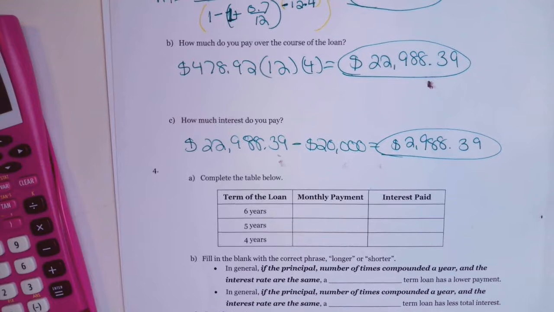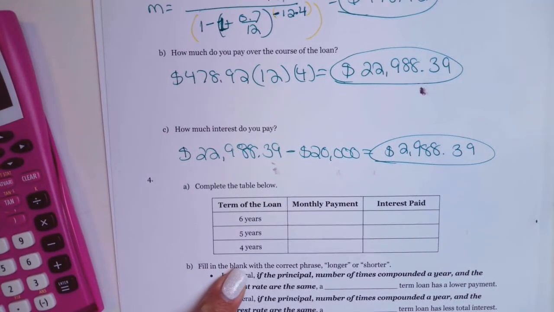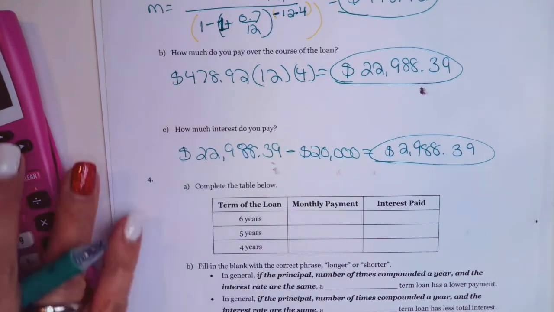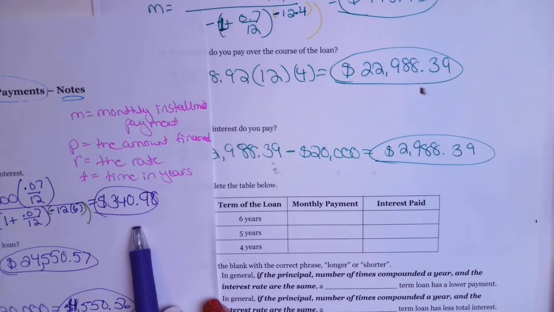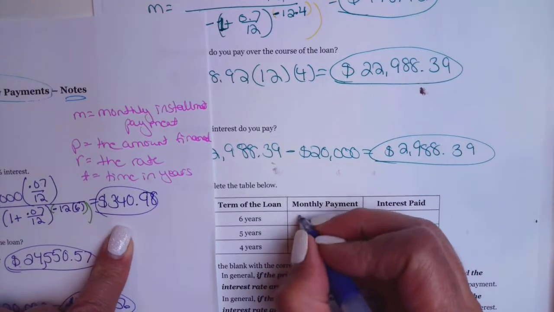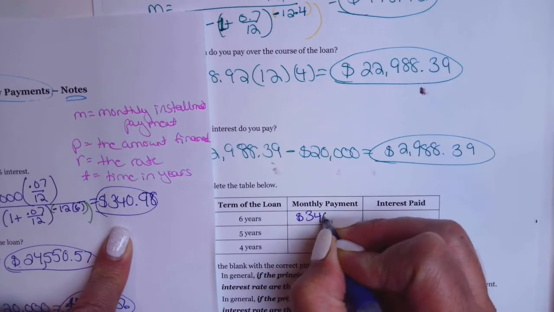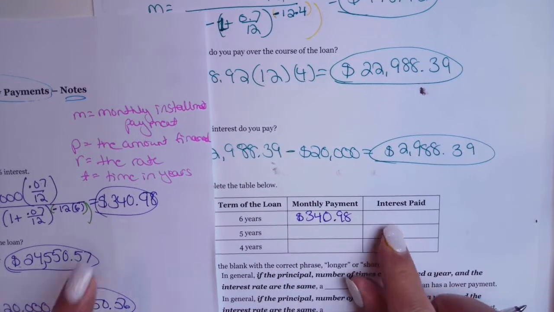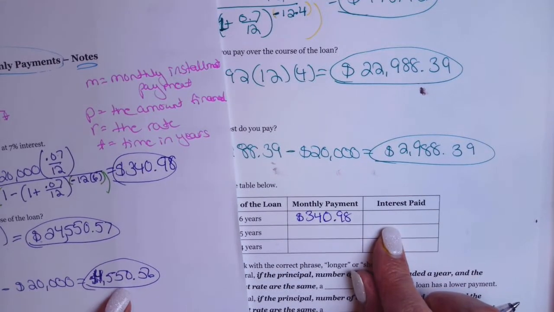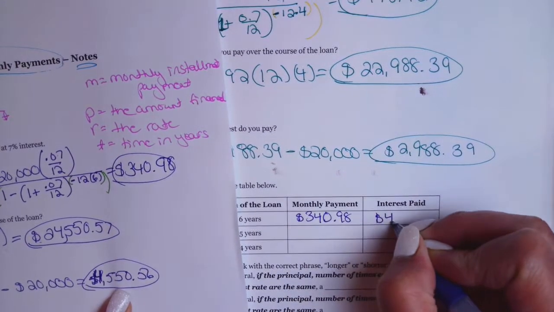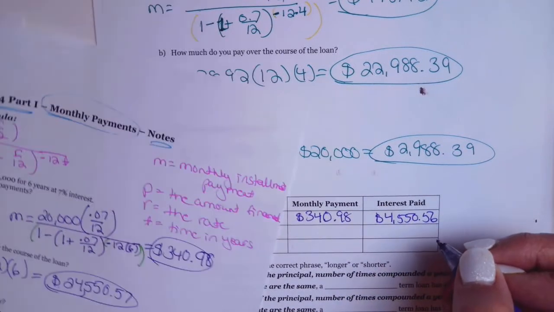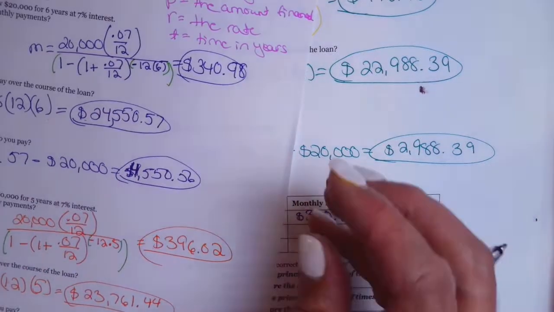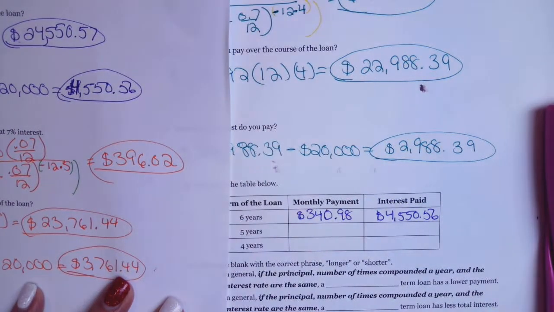Okay, next we need to complete this table. So we've done all those calculations. Our first one here is the 6 years. Monthly payment is $340.98. Interest paid is this amount here, $4,550.56. 5 years is this next one.